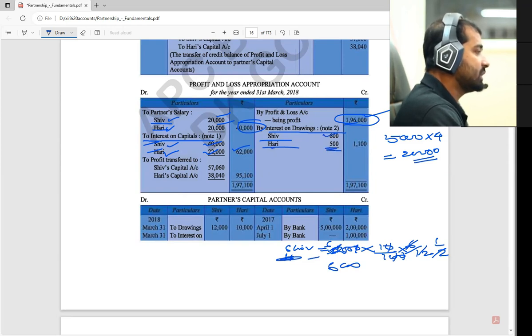If you find this, 1,100. Now total this side 1,97,100, and this side 1,97,100.